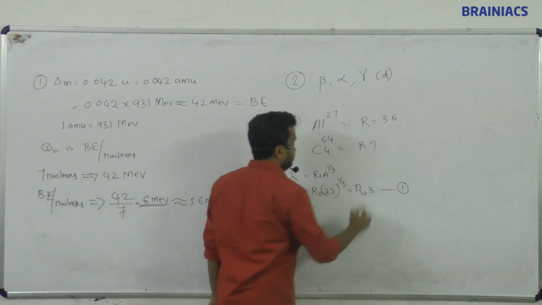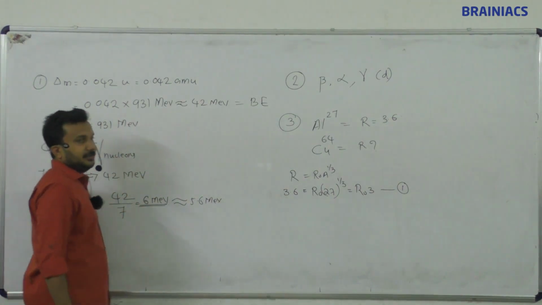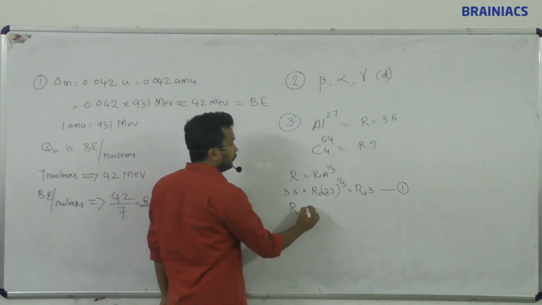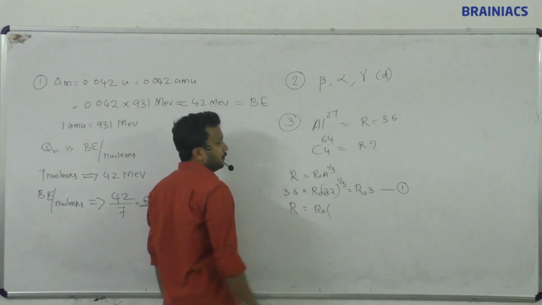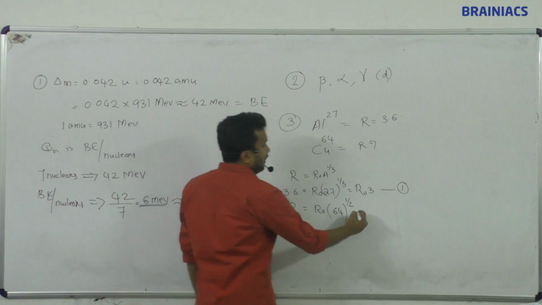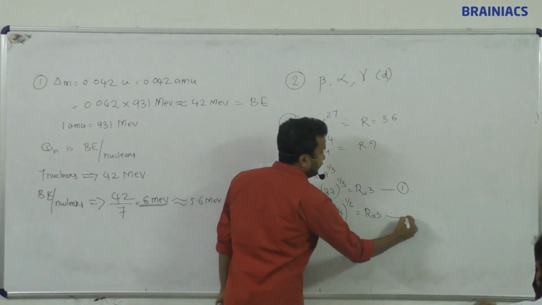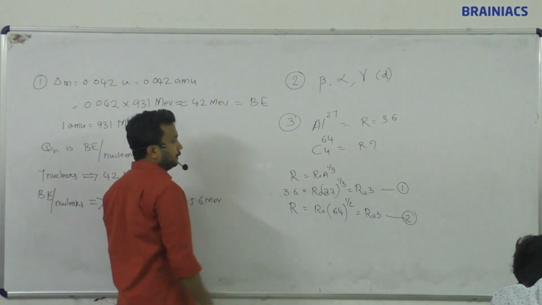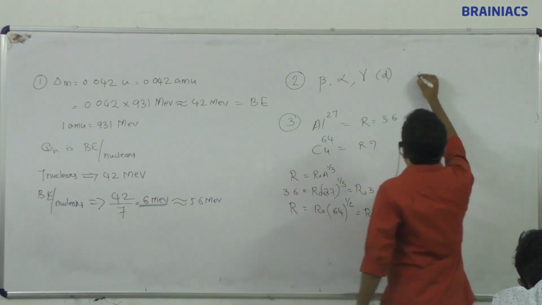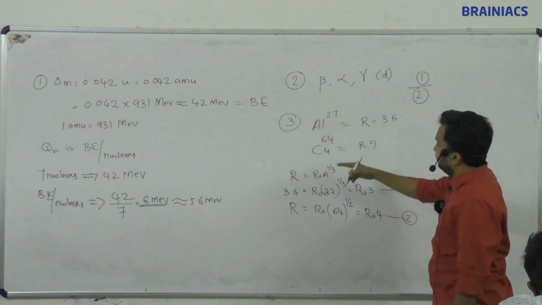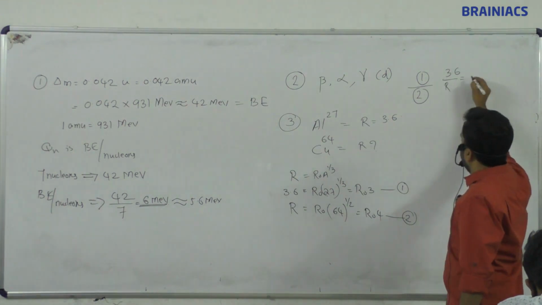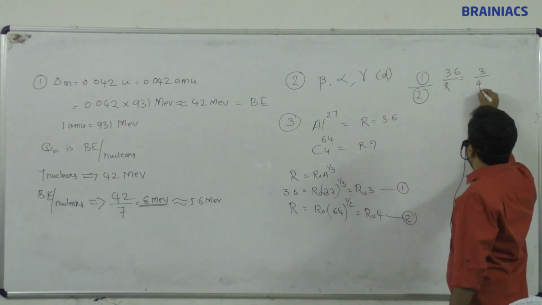This is equation number 1. Second equation, for copper, R is equal to R naught into 64 raised to 1 by 3. 4, 4 is 16, 16 times 4 is 64, so R naught into 4. This is equation number 2, and we need to find R. Now equation 1 divided by equation 2 gives 3.6 divided by R equals R naught cancels, 3 by 4.